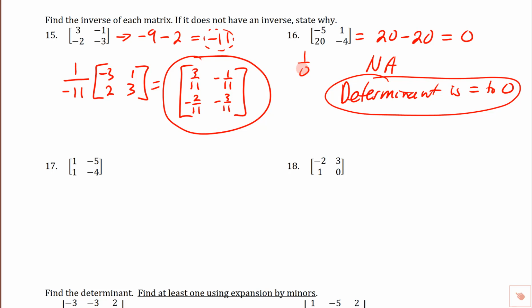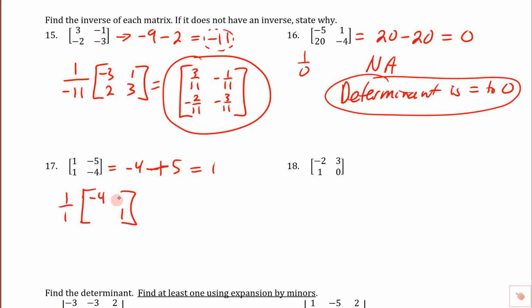Okay, let's take a look at this one. Again, downward diagonal, so this is going to be, let's see, what have we got here? That's a -4. Then we're going to subtract the upward diagonal. The upward diagonal is a -5. So this ends up being a plus, so we end up with a 1, which is good news because if we do 1 over the determinant, we end up with a 1, and then all we have to do is switch places, -4 here, 1 down here.